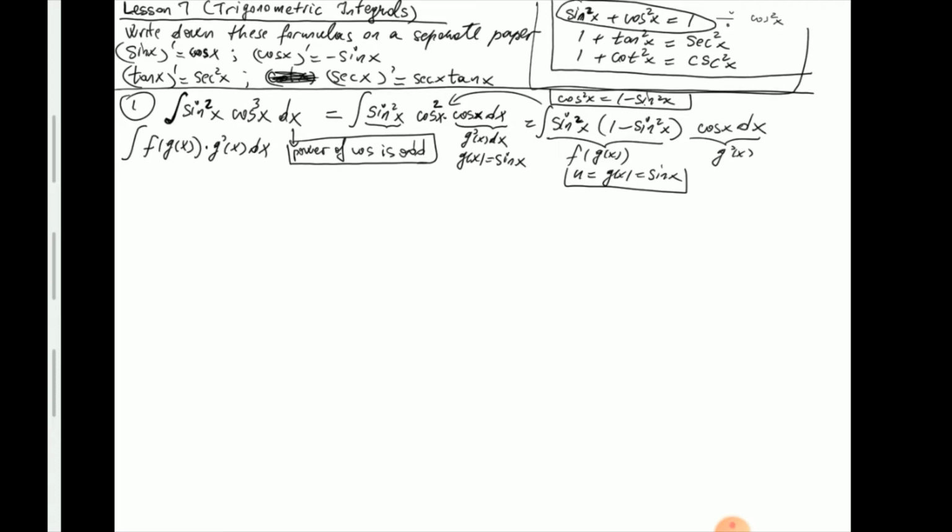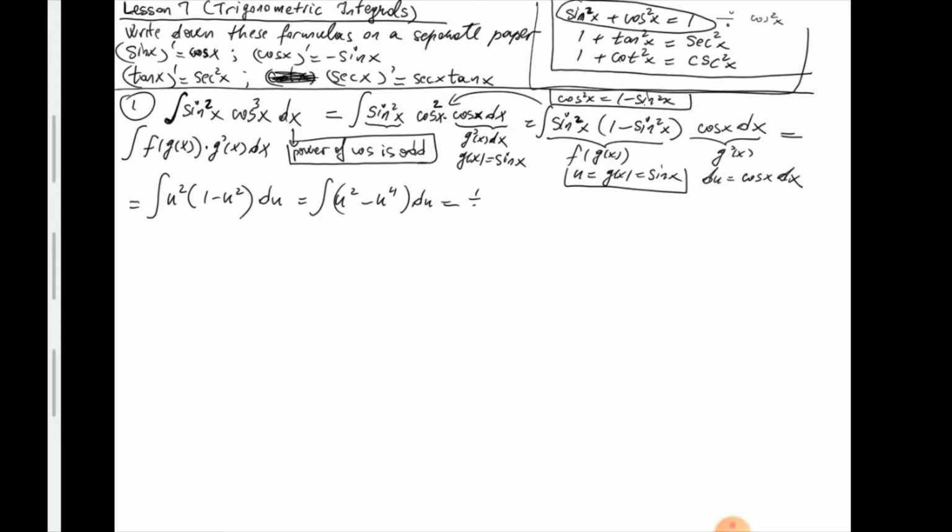So from this point on, we proceed with the u substitution. So if u equals sine of x, du is cosine of x dx. And now the integral becomes a polynomial. So sine squared becomes u squared. 1 minus sine squared is 1 minus u squared. Cosine of x dx becomes du. We may have to do some algebra still further, but in the end it's just the integration of a polynomial.